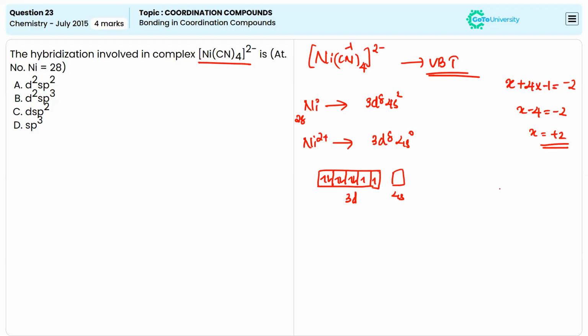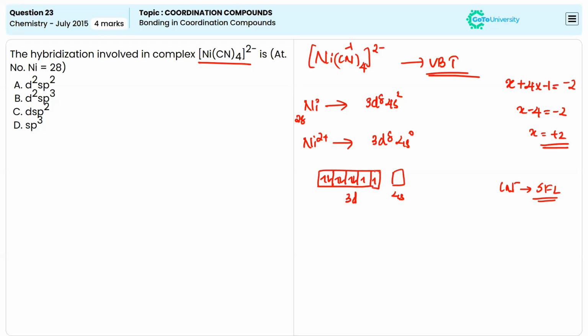Now I need to check whether CN minus is a strong field ligand or a weak field ligand. CN minus is a strong field ligand. So when CN minus approaches the metal, there will be pairing of electrons, because in the presence of a strong field ligand, the electrons of the metal ion will pair up, right?